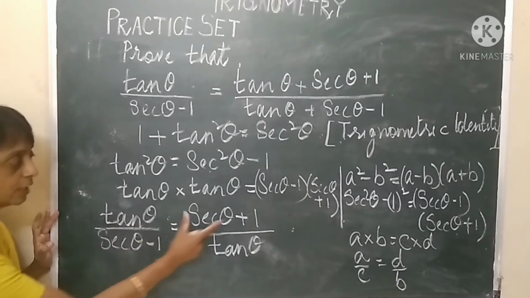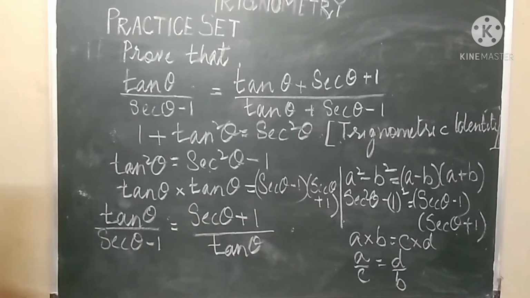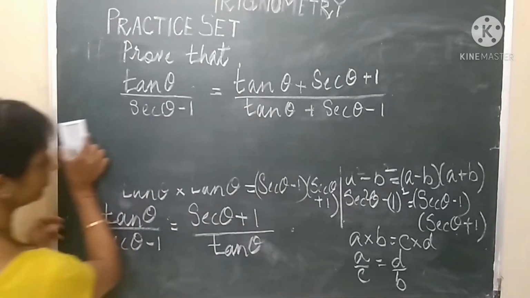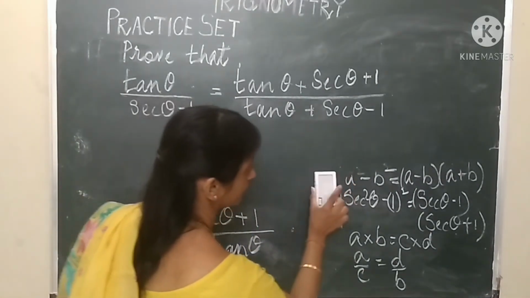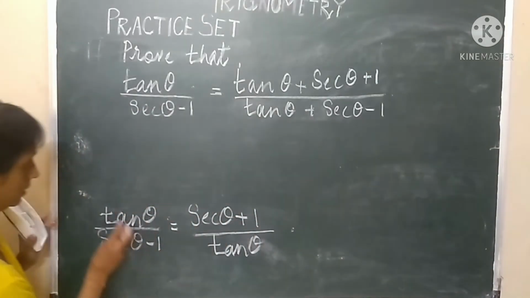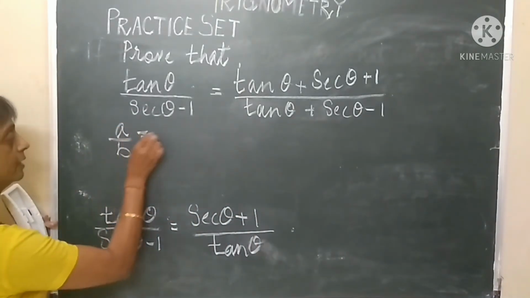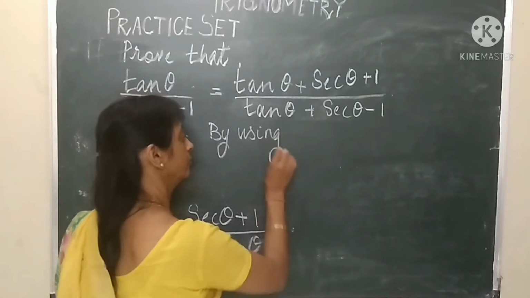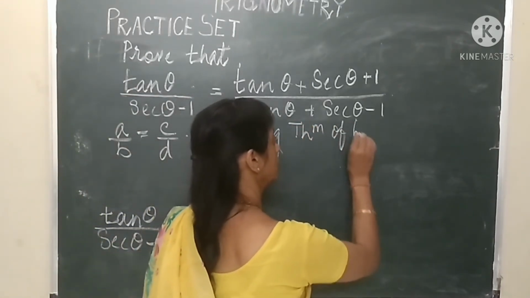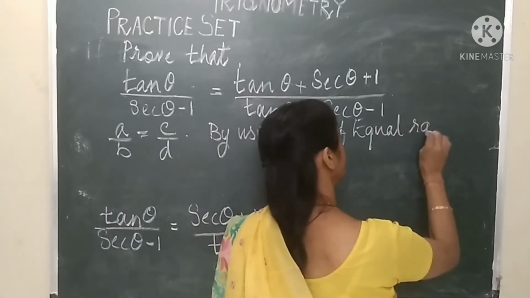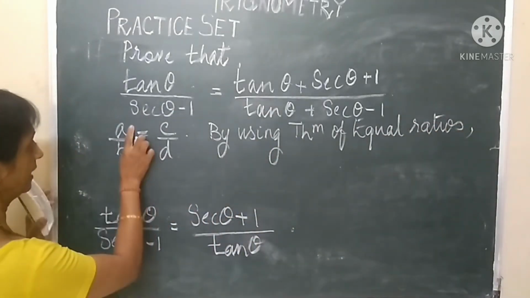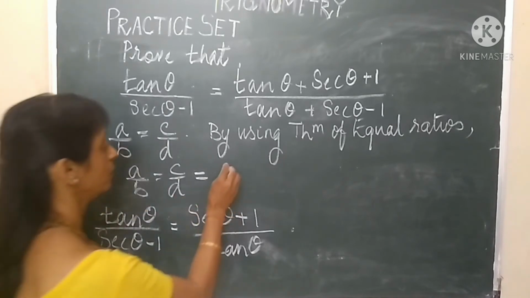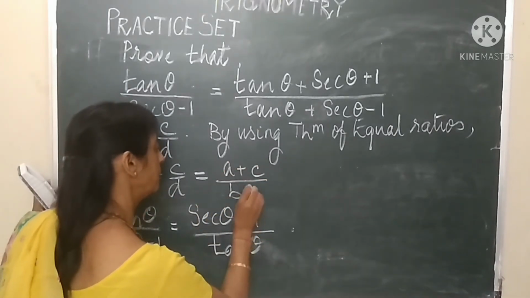A upon B is equal to C upon D. So we can use theorem of equal ratios over here, A upon B is equal to C upon D. So therefore, by using theorem of equal ratios, we can say that A upon B, which is equal to C upon D, is also equal to A plus C upon B plus D.